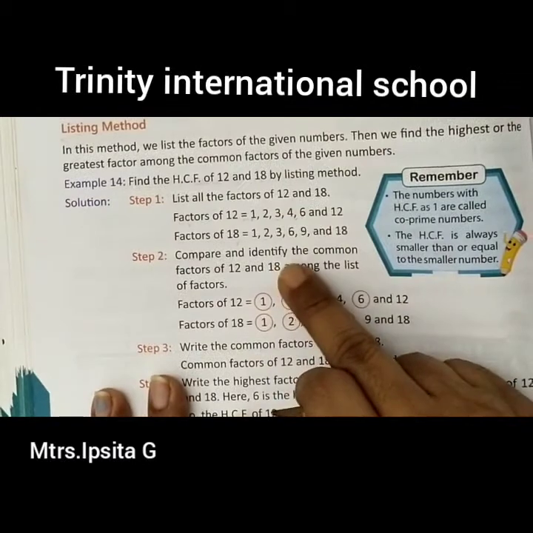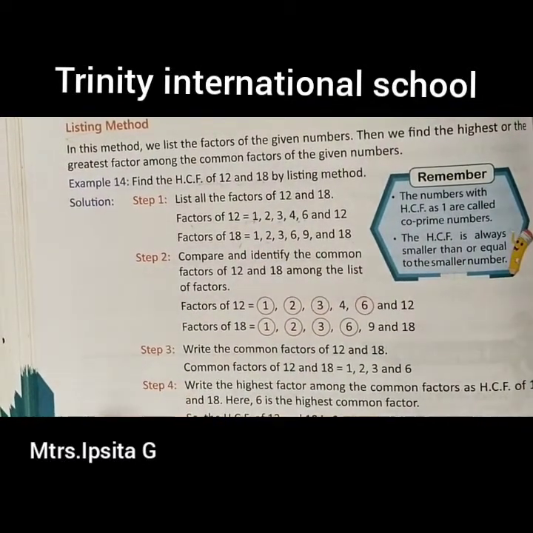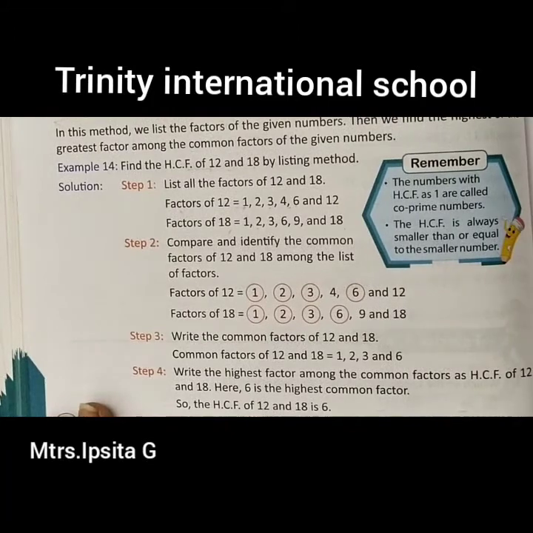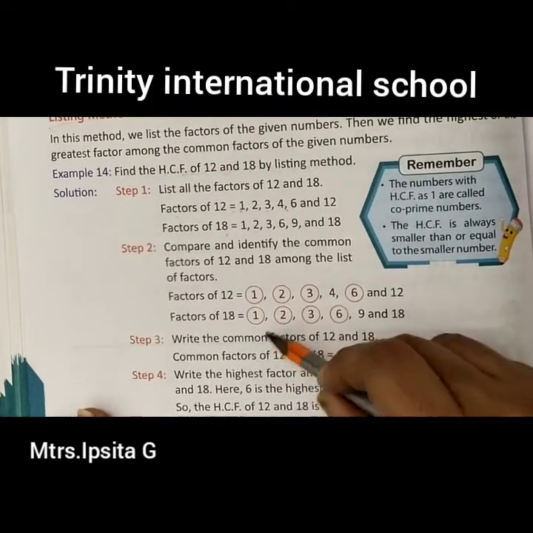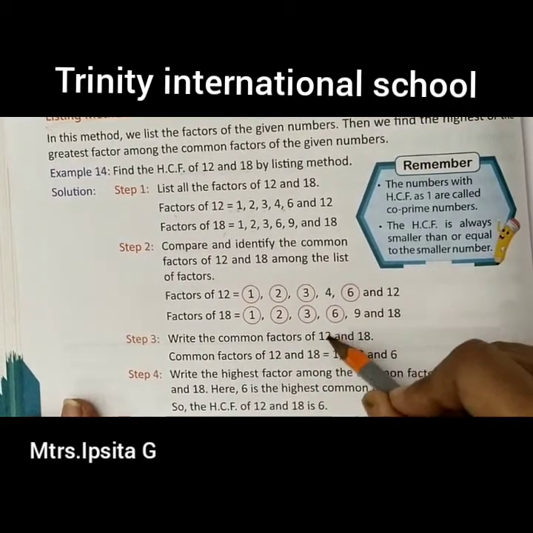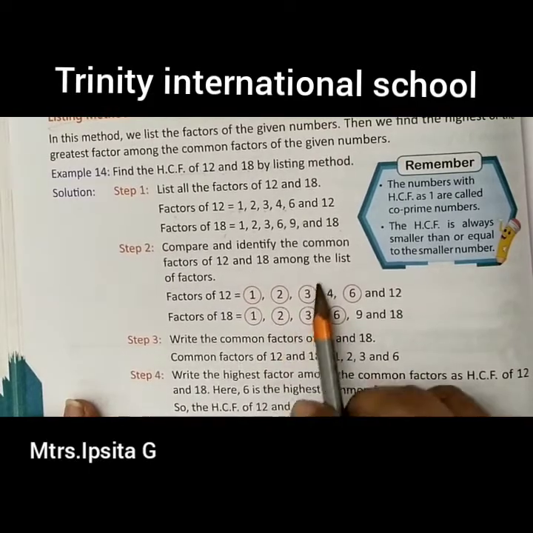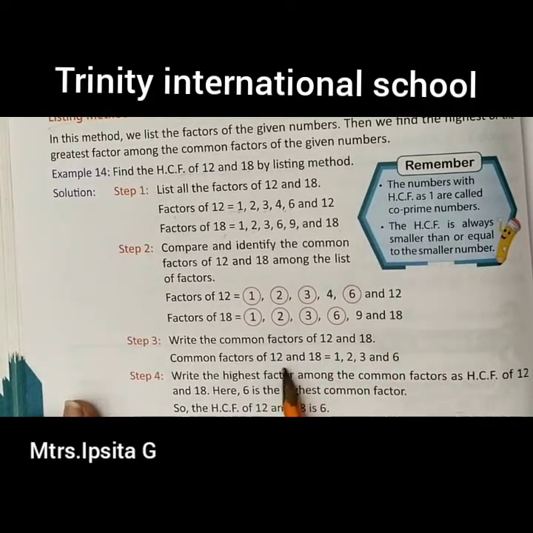So आपने क्या करना है, इन factors को लिखना है और इनमें से जो common factor है ये भी आपने already find out किया था पिछले exercise में. तो अब आपने इन common factors को निकालने हैं. देखिए 1 2 3 and 6 are the common factors.